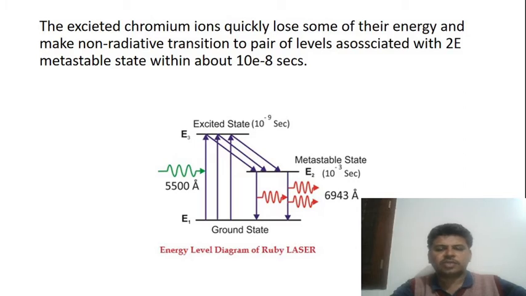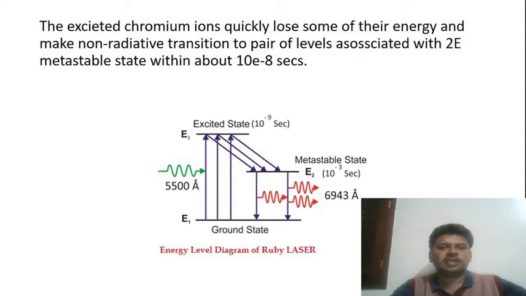At the time of downward transition, there is another energy level just below the excited state, which we call the E2 state. Here, from the E3 level, the downward transition takes place from E3 to E2.